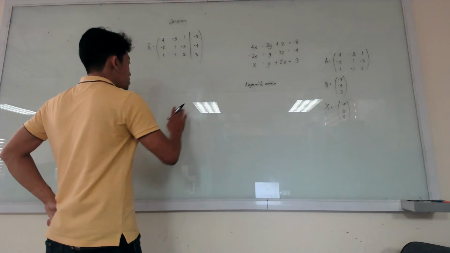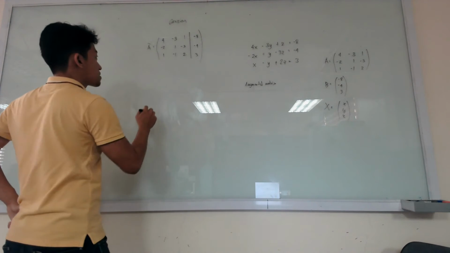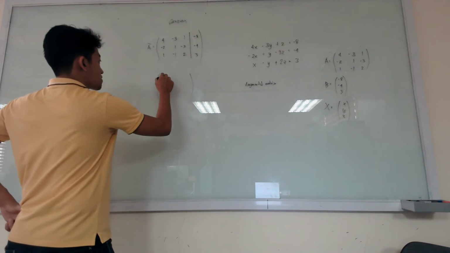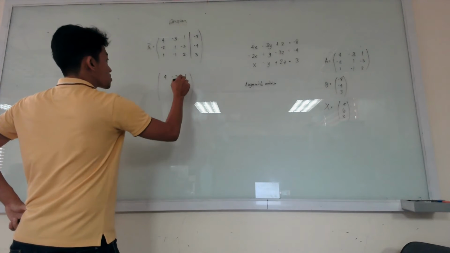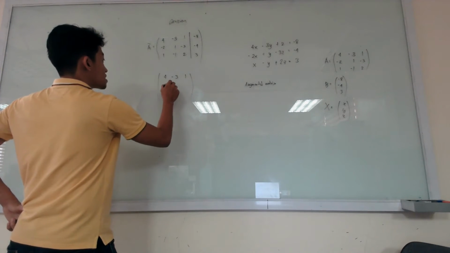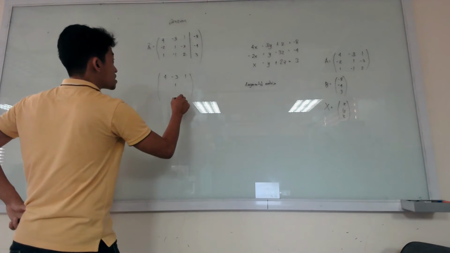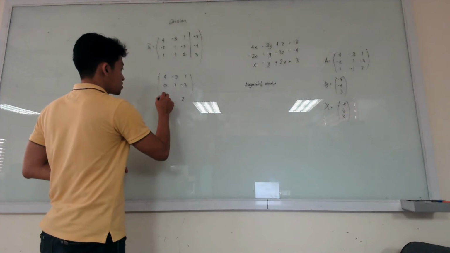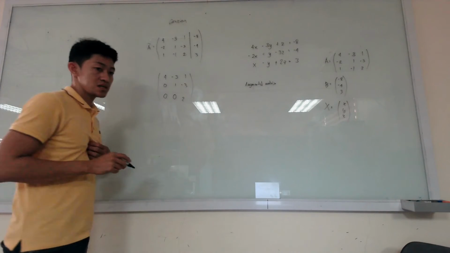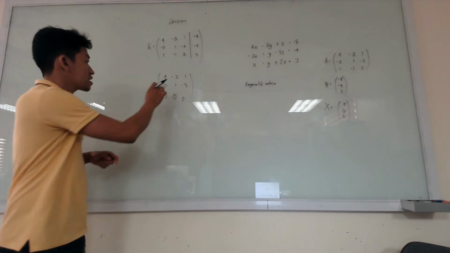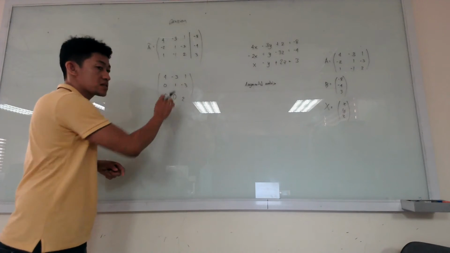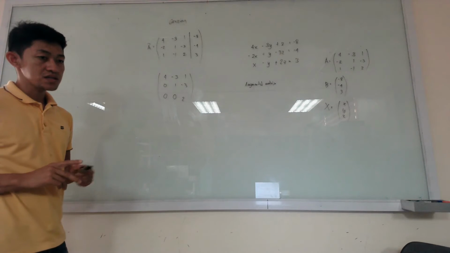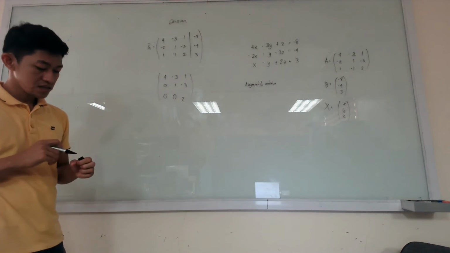If you recall, the upper triangular matrix has this form, and your objective is to make these three elements become 0. So this is the upper triangular matrix.